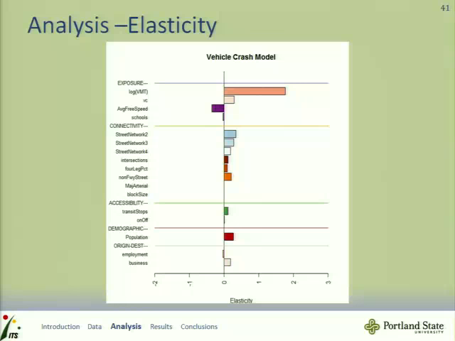Interestingly, average free speed has a negative elasticity, which seems to imply that if you go faster, you'll have fewer crashes. Doesn't make the most sense, but again, remember that those higher speeds in the Portland area tend to be on peripheral roadways. So it may be something to do with how we have the speeds distributed in the area. The pedestrian crash model, again, the VMT is the most significant.